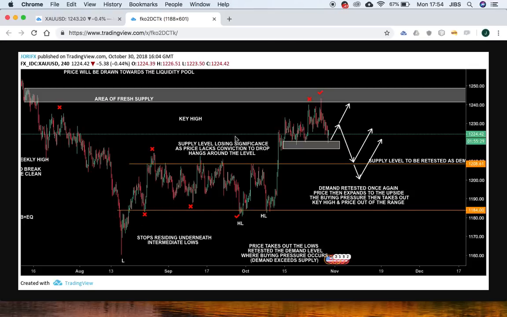And also, likewise, those that are selling are probably thinking this is definitely going to take the low. But this level of demand is clean, so when it retests this level, you get the buying pressure again.